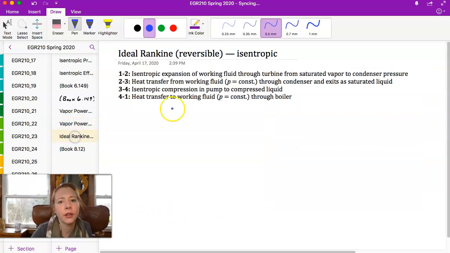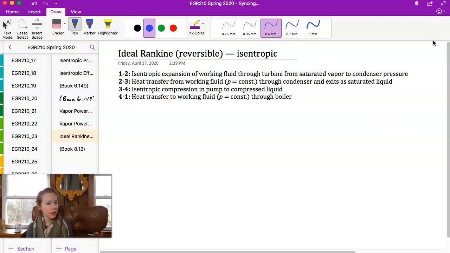Now, like I said, one model for vapor power plants is the Rankine cycle, and this is a reversible cycle, and it's isentropic. So let's go through the Rankine cycle, and I'm going to sketch it out as we talk about it.